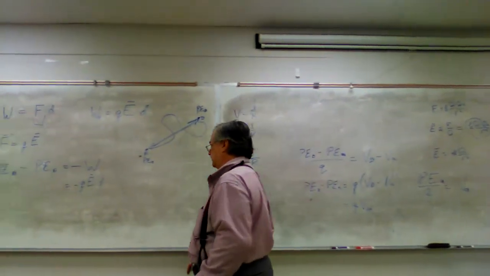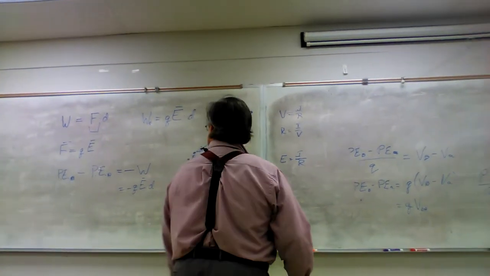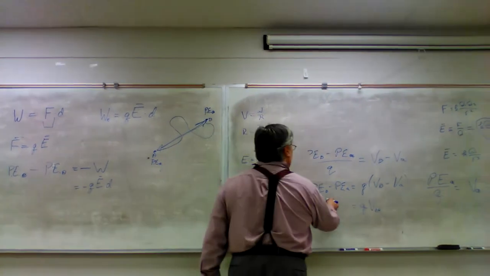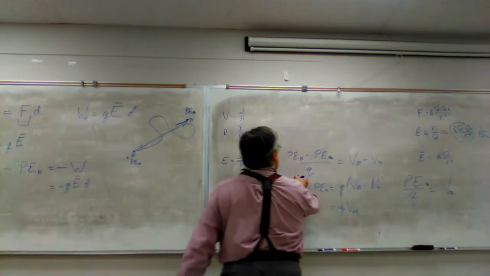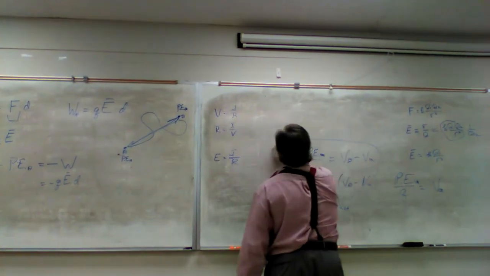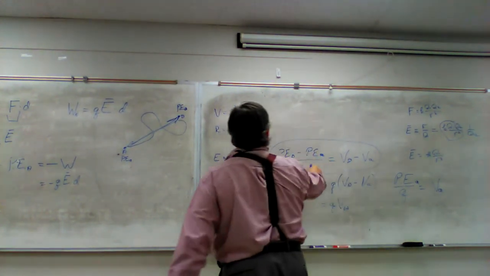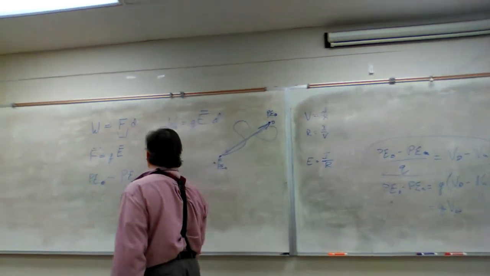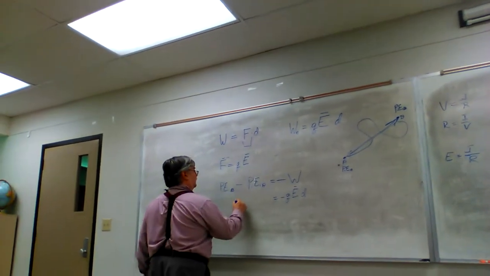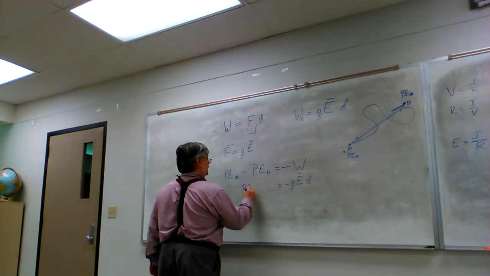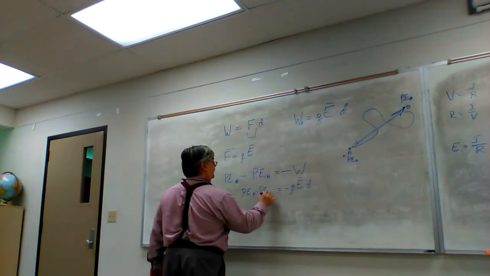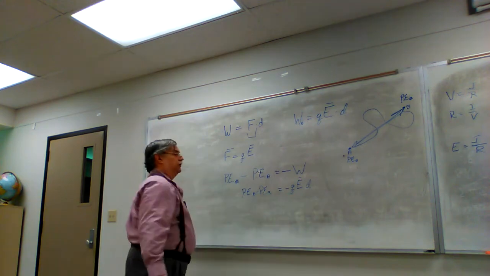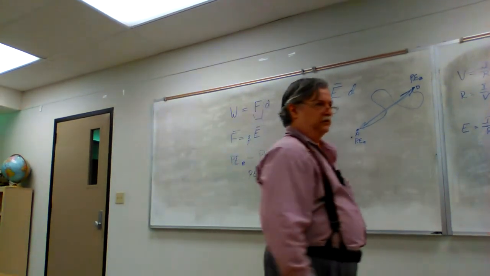Before I get too far ahead of myself, what else do we know about this right here? PE over Q, the change in potential divided by Q, is equal to the negative work done by the charge.